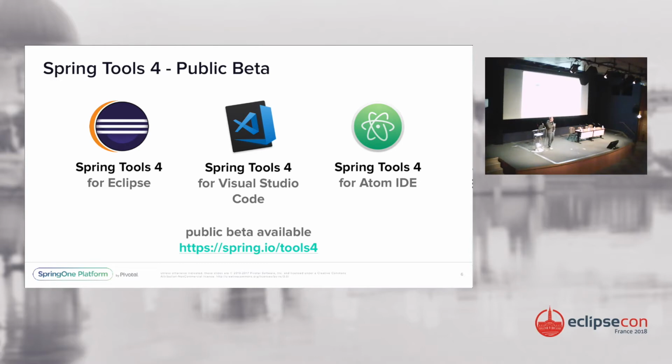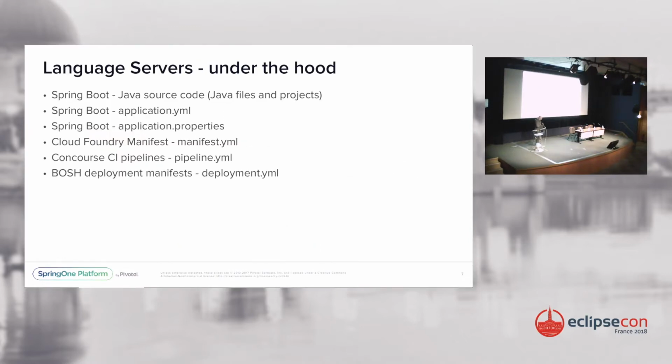So that's kind of the background for my talk. We thought that we should not only support Eclipse in the future, we should support Eclipse and VS Code, and maybe the Atom IDE is kind of a third proof point for our Spring tools. You can download all that. Behind the scenes, there is language server technology built to support Spring Boot. If you know Spring Boot, mostly you hack stuff in Java using annotations.